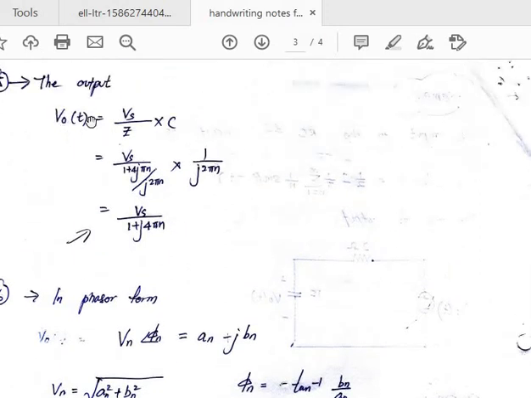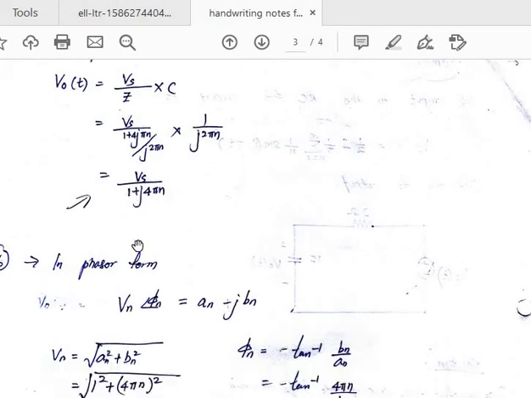So Vout is equal to Vs over Vn with phase theta n. I repeat again: Vout equals Vs over Vn with phase theta n, and the Vn and phase theta n are from here.